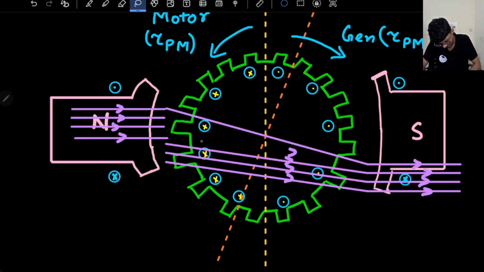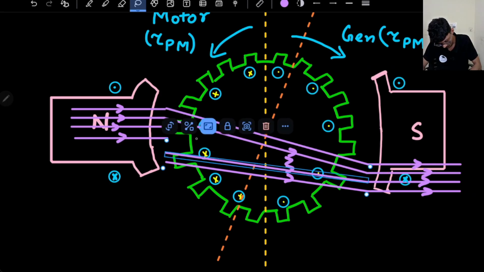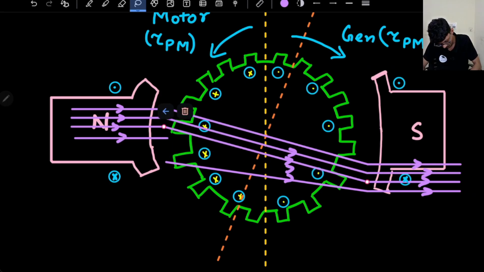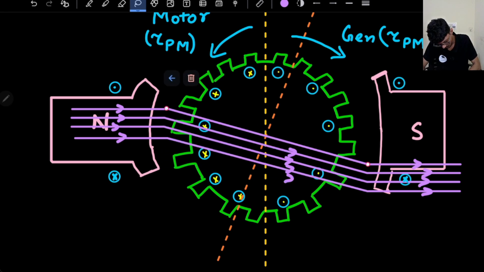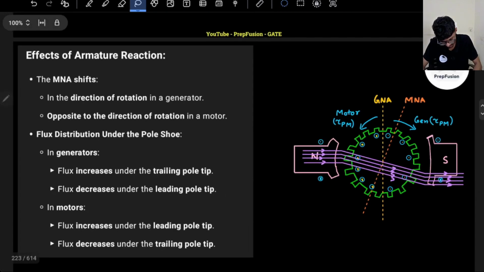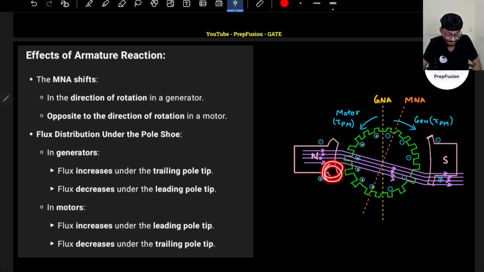So resultant flux, if you see, for a generator, this is my leading pole tip. This is also my leading pole tip.